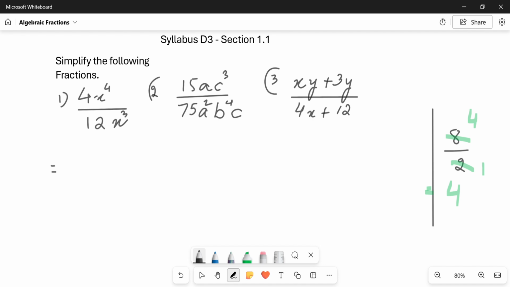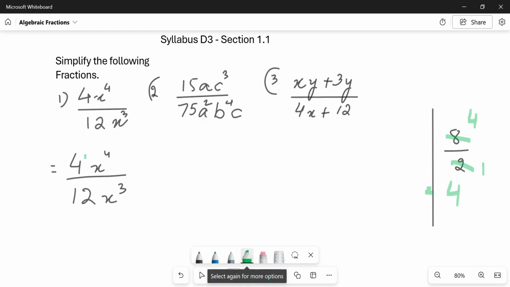I'm going to rewrite this question again: 4x^4 over 12x^3. So I'm going to simplify. 4 times 1 is 4 and 4 times 3 is 12. We have simplified the numbers. Now let's turn to the variables' powers.